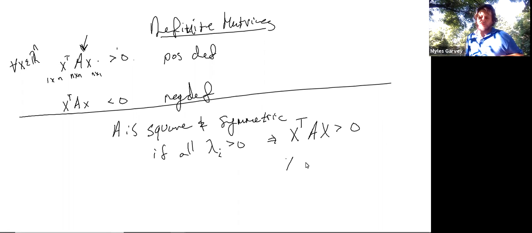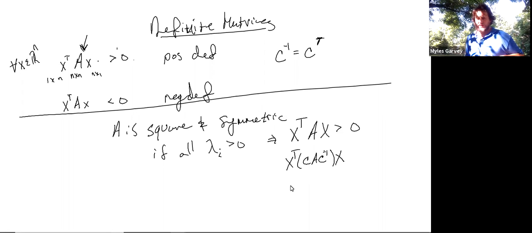There's a small little proof for that. I don't remember if I can recall what that is off the top of my head. Basically, there's a proof that says if a matrix is symmetric, then the eigenvector matrix inverse is just equal to the transpose of the eigenvector matrix.